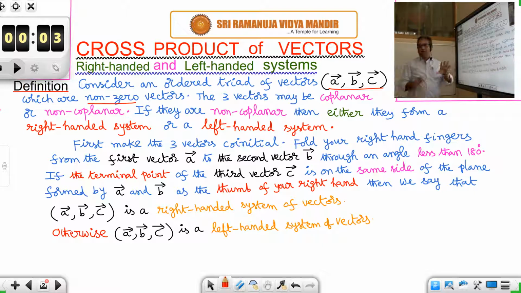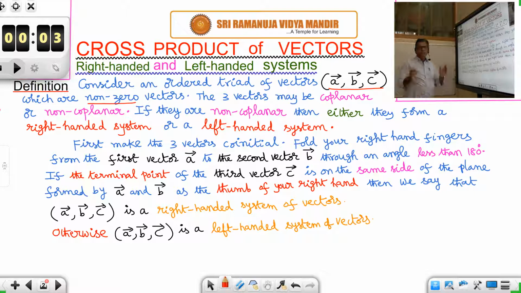The three vectors may be coplanar or non-coplanar. Any two vectors will lie in a plane. But given three vectors, they may lie in a plane, or they may not. So there are two possibilities: they are coplanar, or non-coplanar. Coplanar, leave it.